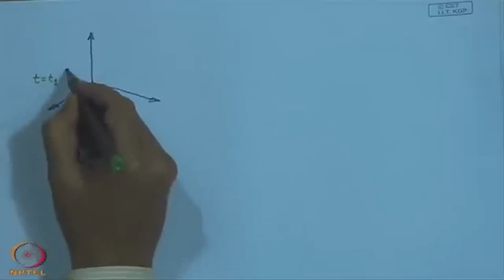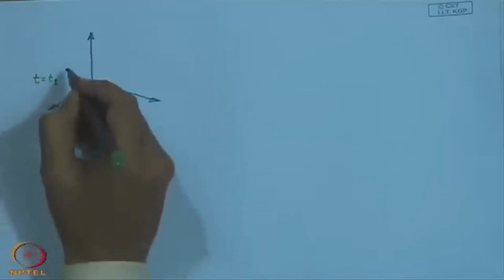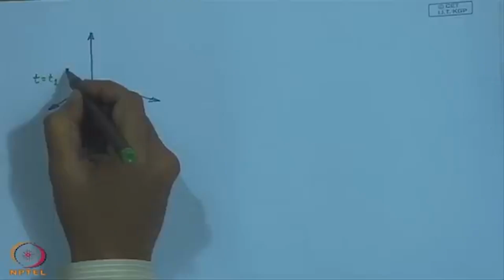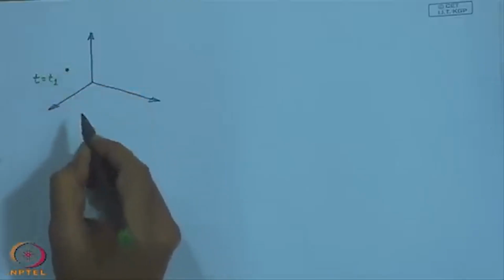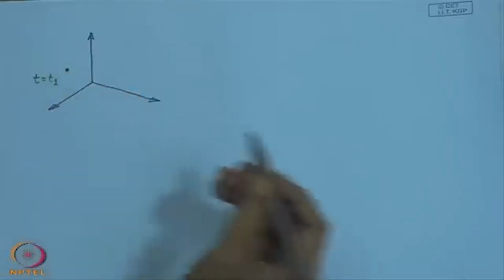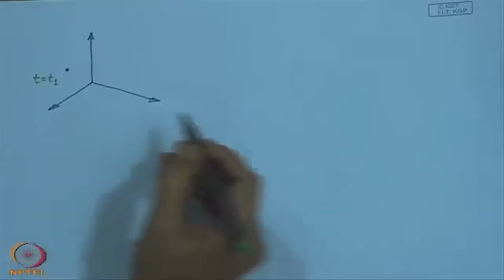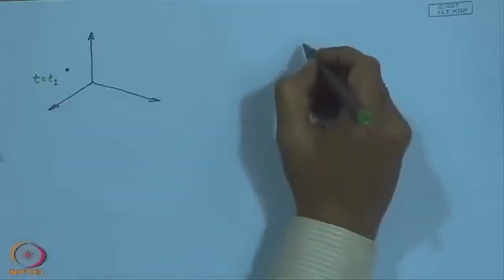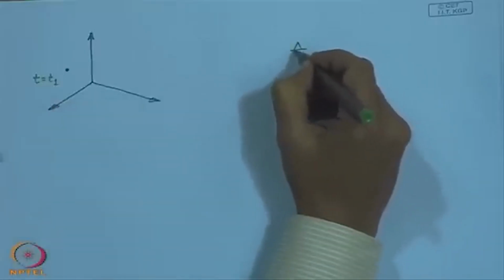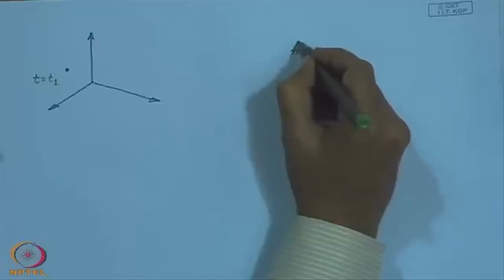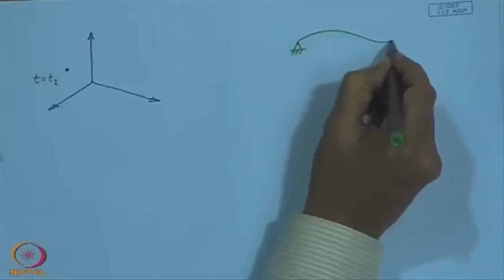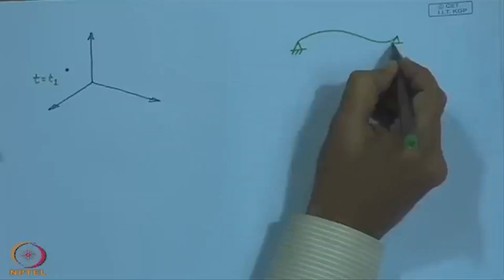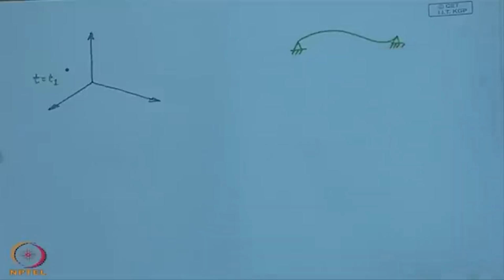So, this point in the infinite dimensional configuration space represents the configuration of the string, let us say, at time t equal to t1, which may for example look like this.